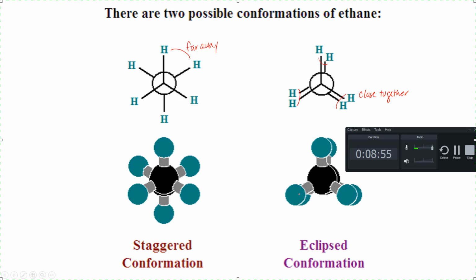And I have a question, and the video will stop, and you can just give me your answer. Just as we start this, my question would be, which one of these do you think is more stable, the staggered or the eclipsed?